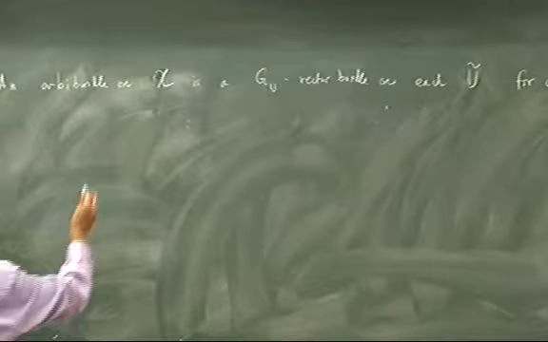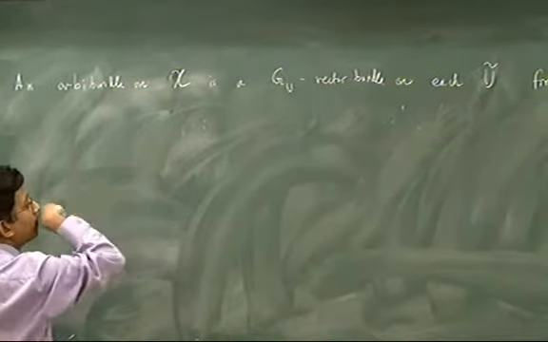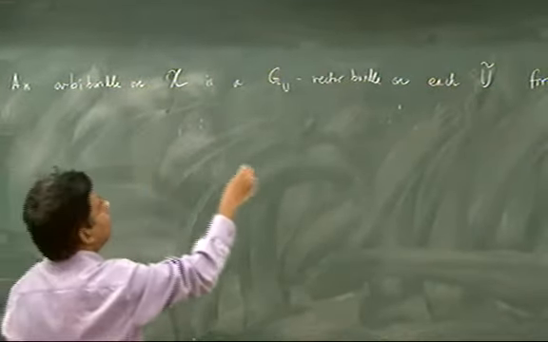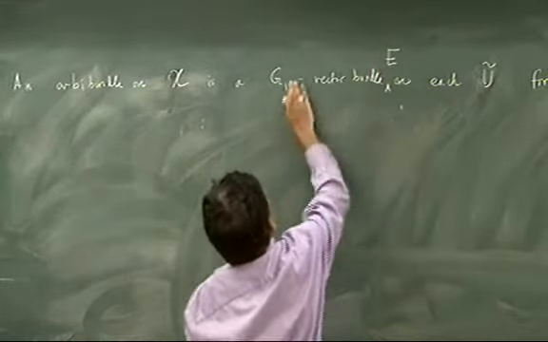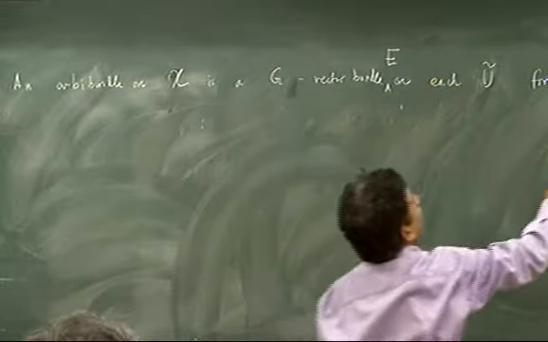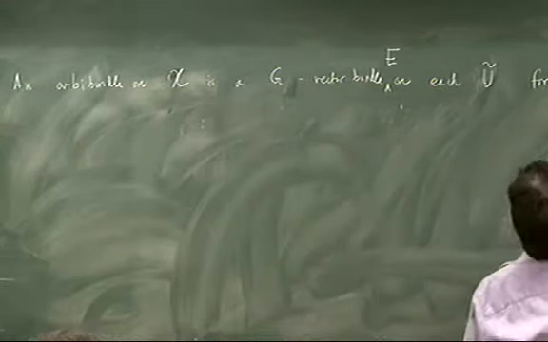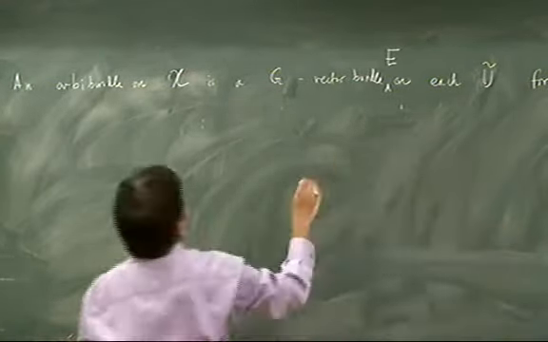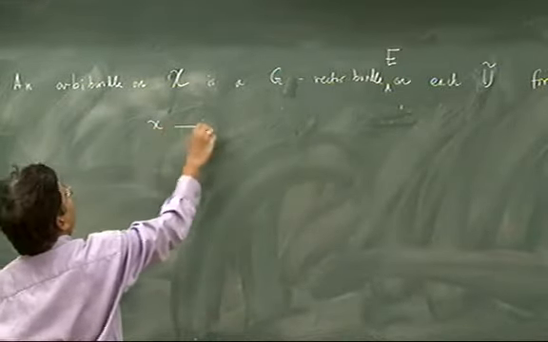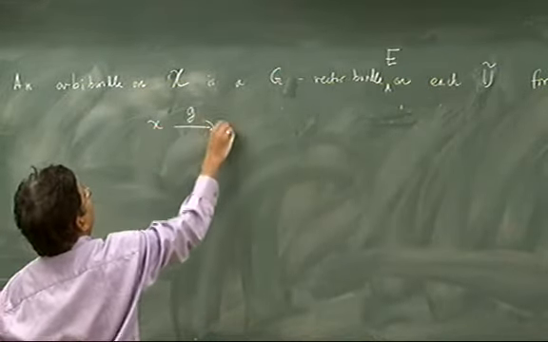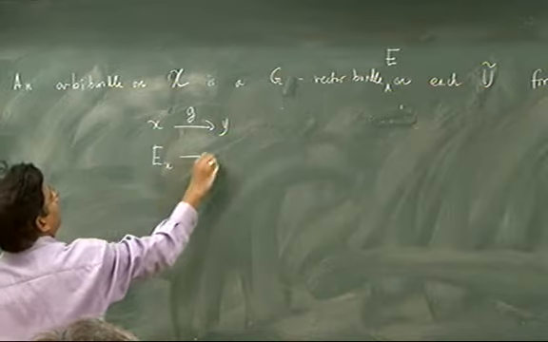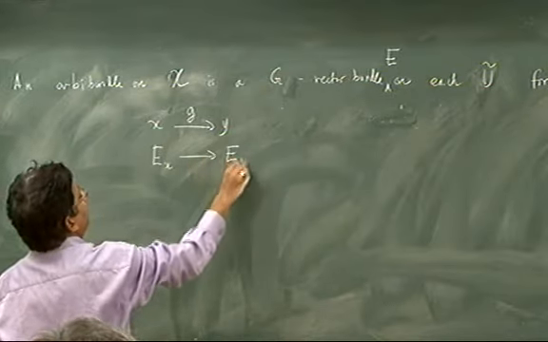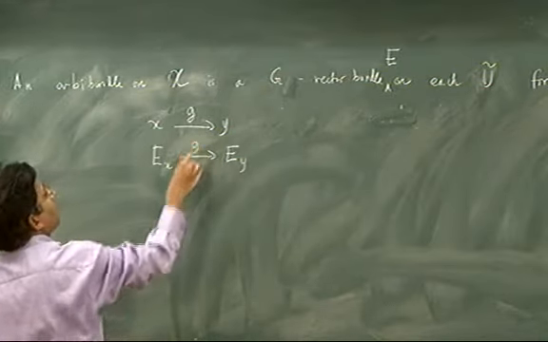So what this means is, let's call this E_U. Let's drop these U's, that will make life easy. So if you have an element y, then this E_x goes to E_y.